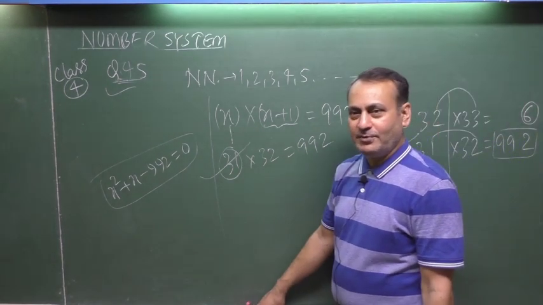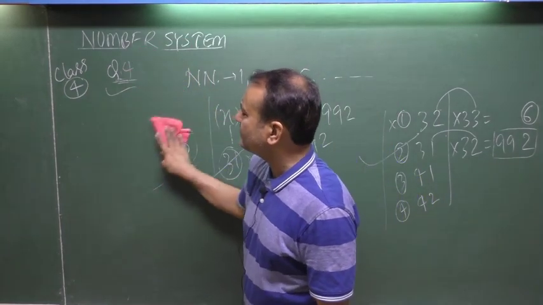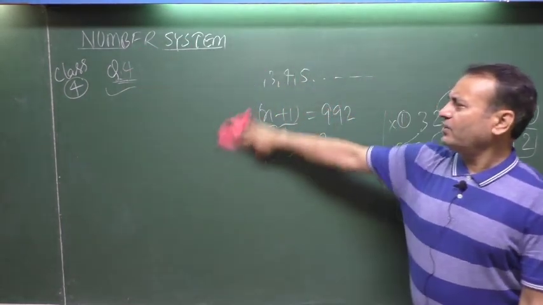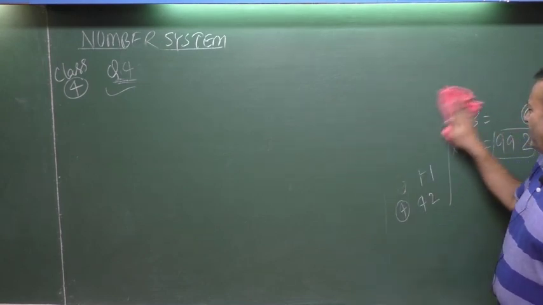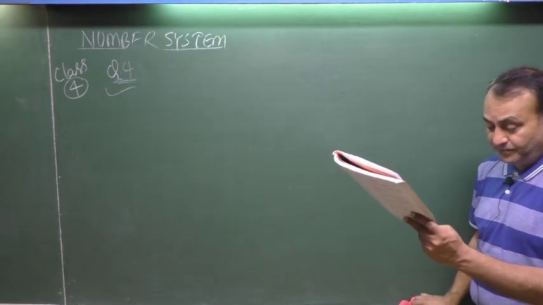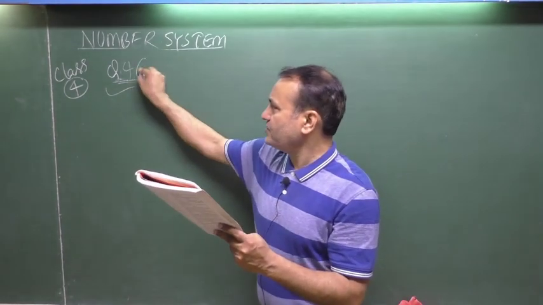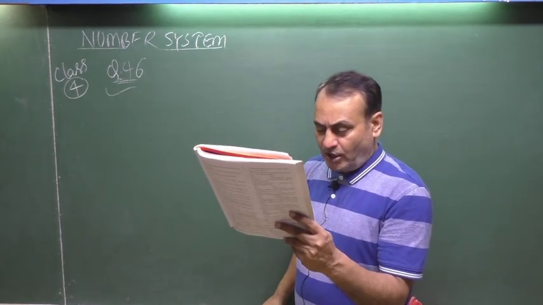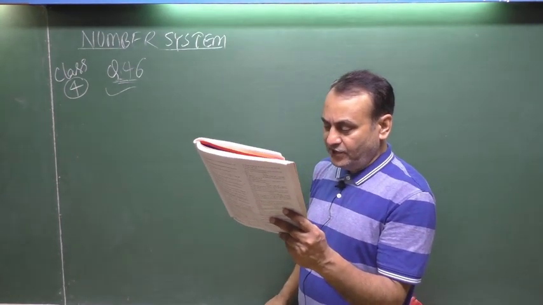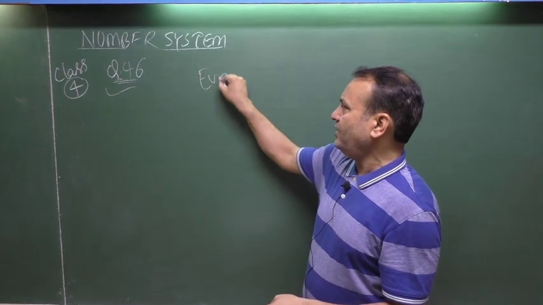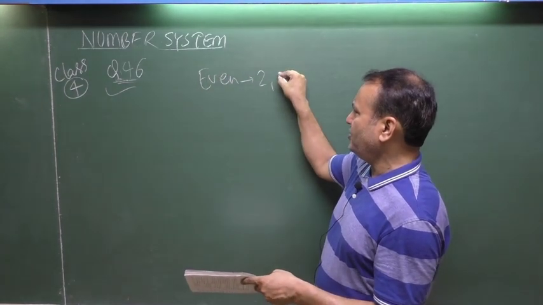Now coming to question number 46. The product of two consecutive even numbers is 1848. Two consecutive even numbers. Even numbers increase by 2.